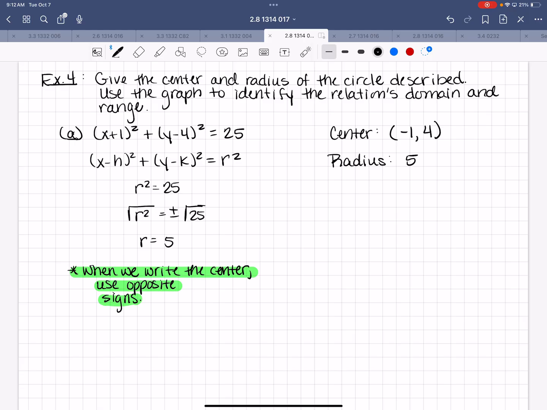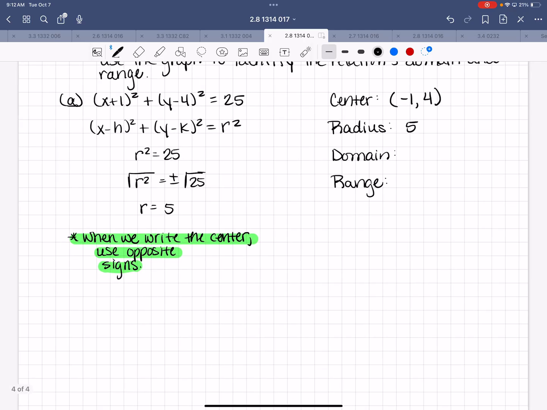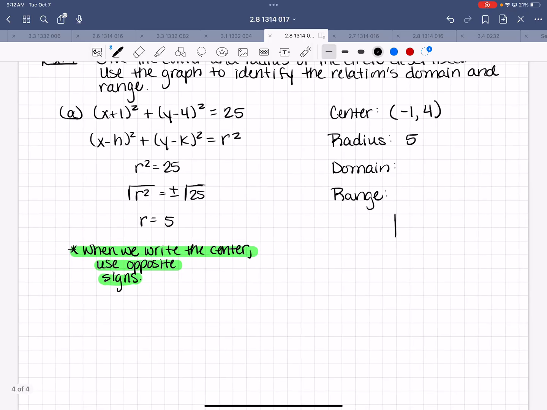So that gave me my center and my radius. I'm going to need to find the domain and range of that circle once I graph it, so I do need to graph it. I have to make that bigger.